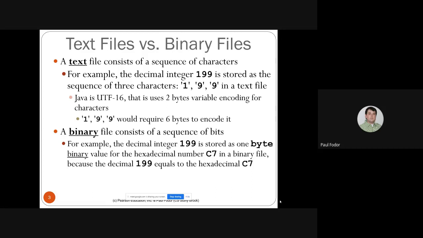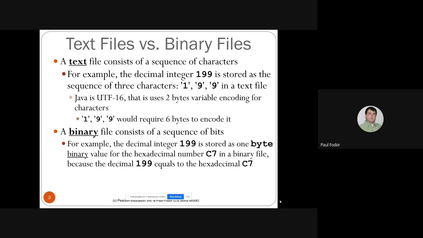It uses 2 bytes for characters with Unicode values less than 2 bytes minus 1 bit, and it uses the last bit for continuation to another byte if the Unicode is bigger than what can be stored on 2 bytes. In the case of 199, it would require 6 bytes to encode it, 2 bytes for every single character.